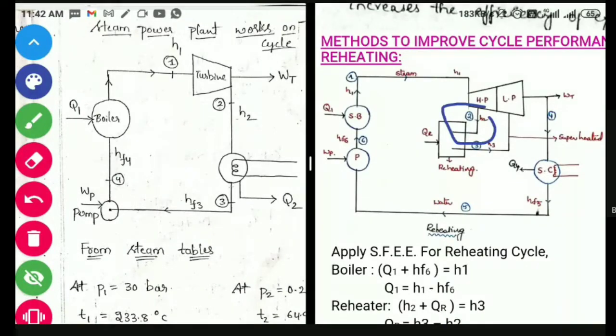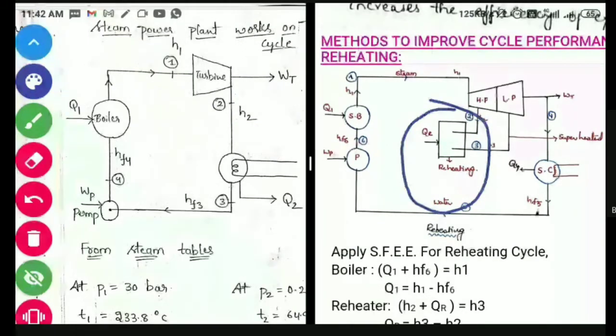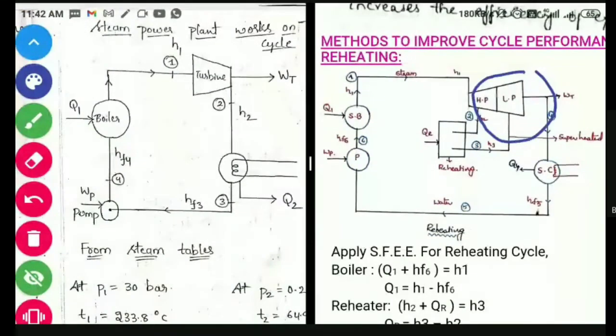After leaving the high pressure turbine, the condition is dry saturated steam. But after entering the reheater, it leaves as superheated steam. That means the quality of steam is increased here, so automatically in the low pressure stage, more power will be produced.